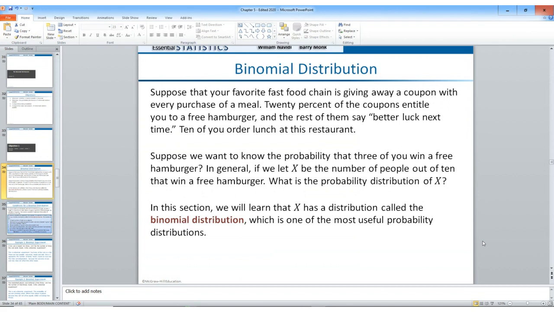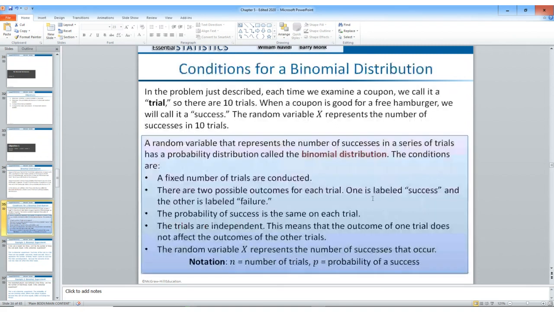But the most important thing is yes or no. Win or lose. It's like the coin flip. Heads or tails, win or lose. They even call it success or failure. So these are the things, and I think 2 of these could be combined to make this.